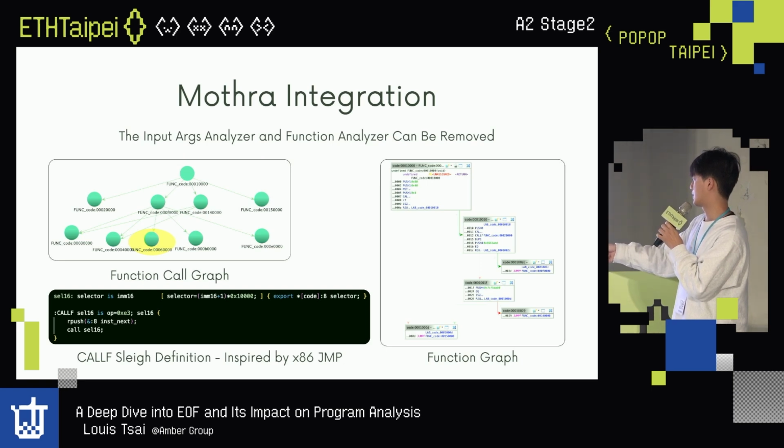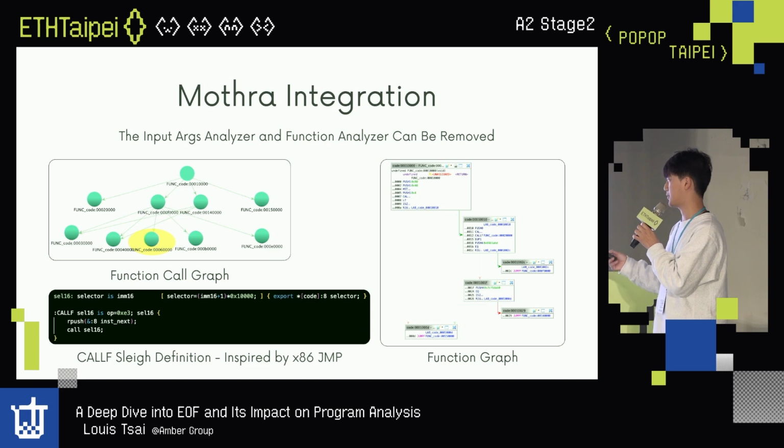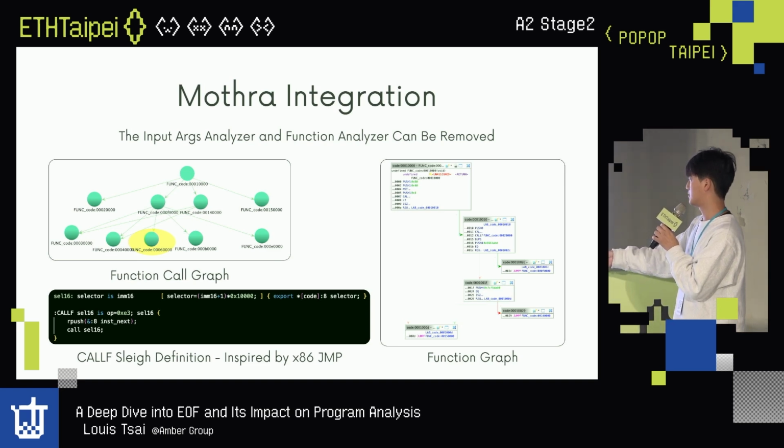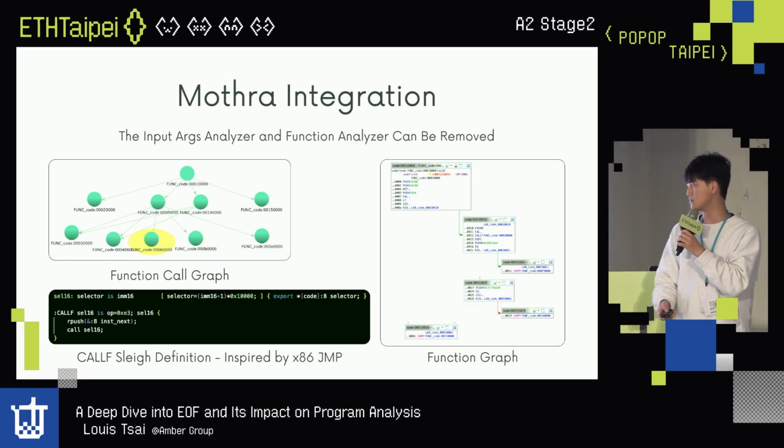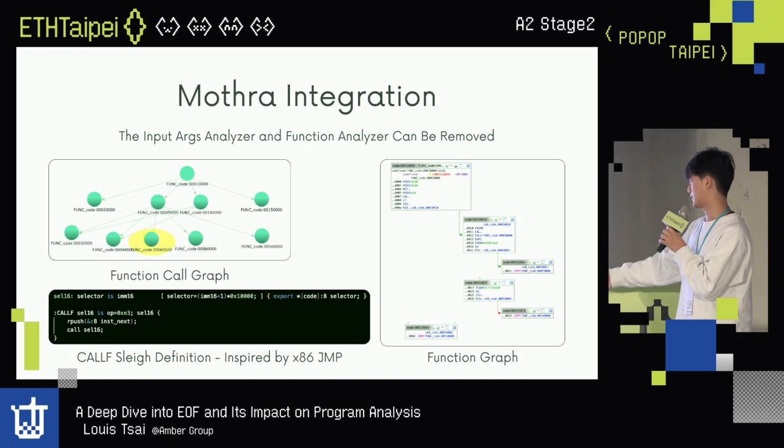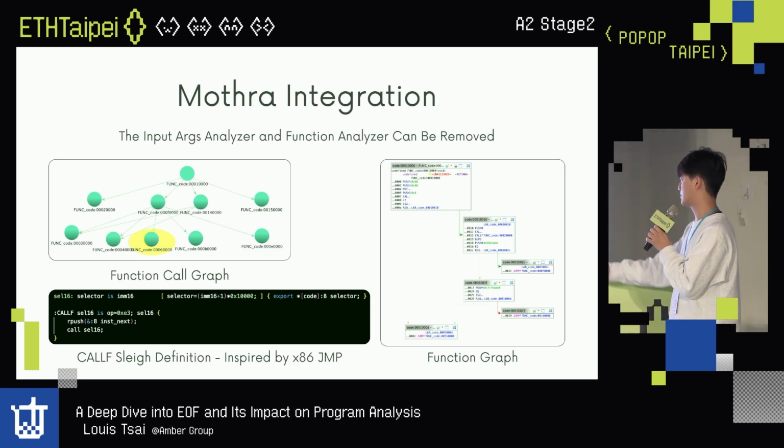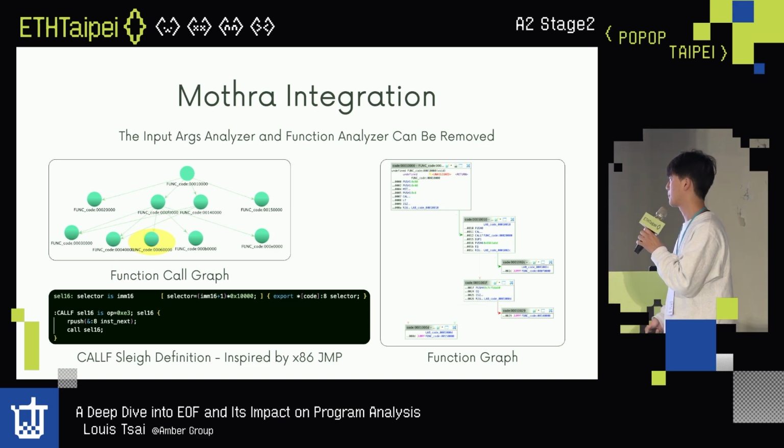To handle the EOF bytecode, we further defined the state definition for the newly added operations. This is CALLF, for example. We were inspired by the x86 JMP operation, and this is how we define the CALLF opcode.